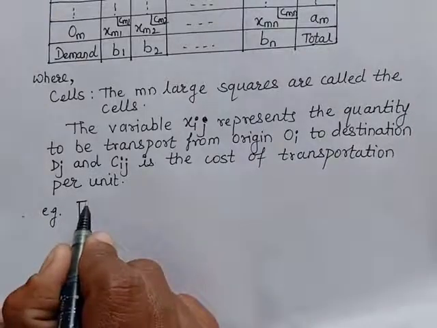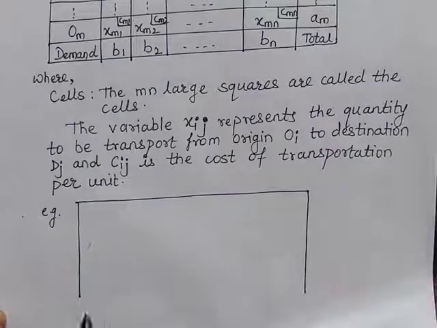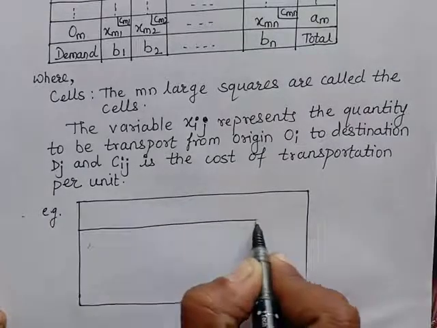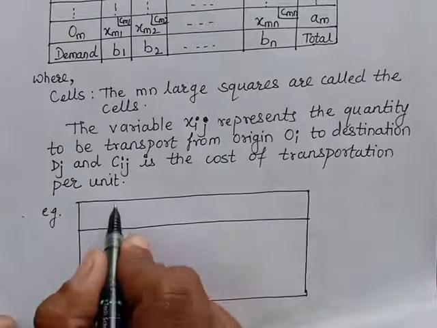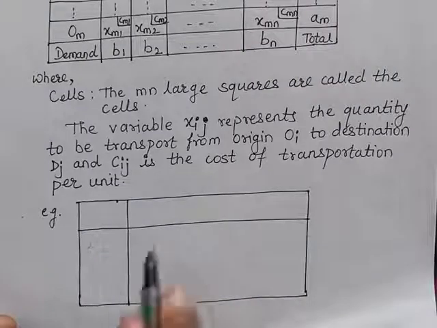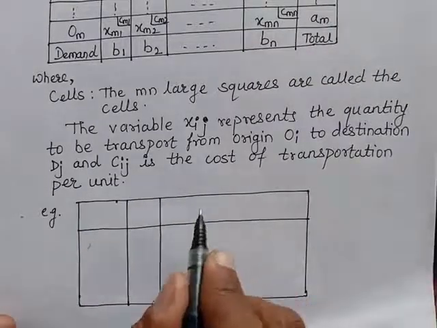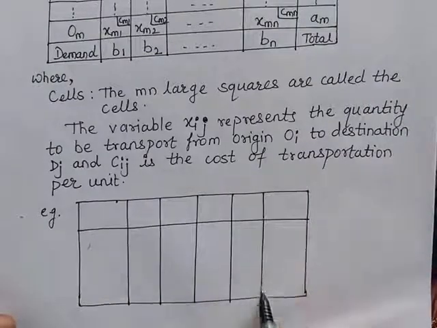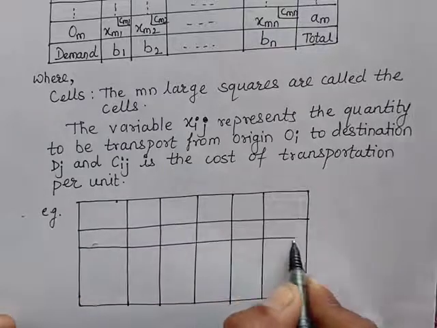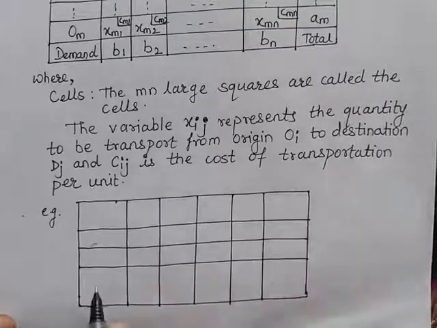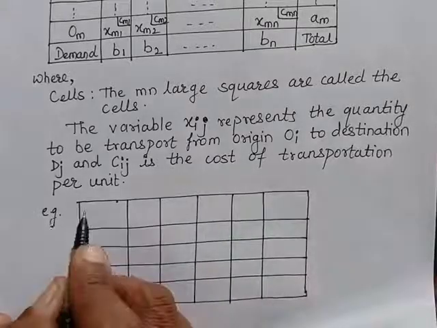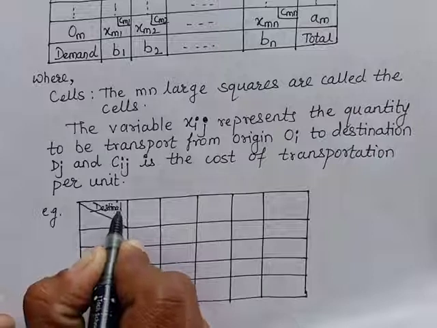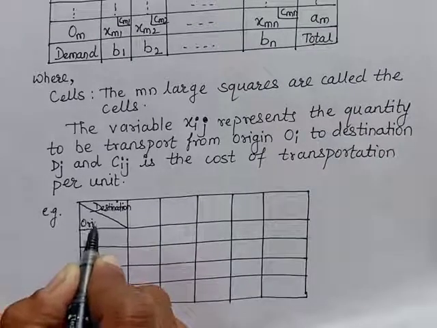A tabular form is given to us. Suppose we have an example. Destinations here and origins here.